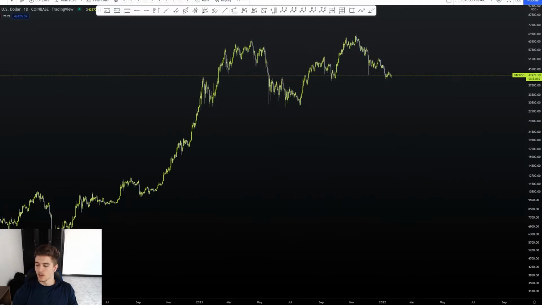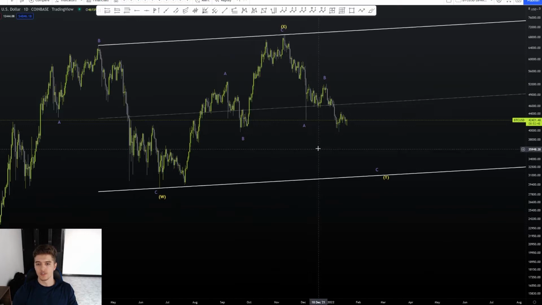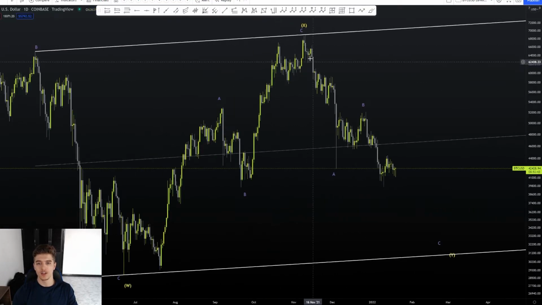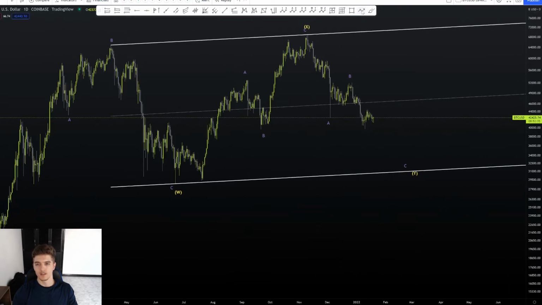The next one would be this WXY. Not a lot I want to really go into for this count. This could all be an A down here. If you were to say this is 1, 2, 3, 4, 5, this could all be a wave B for an A, B, C. And we could currently be in a wave C where we get something like this: 1, 2, 3, 4, 5.